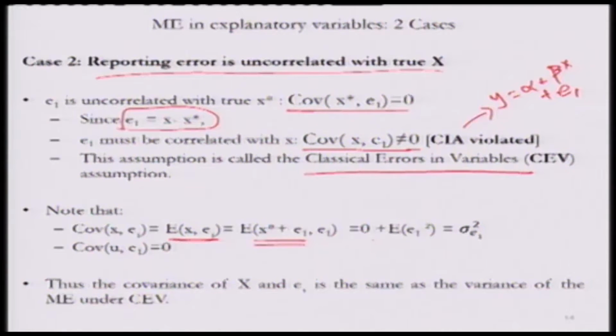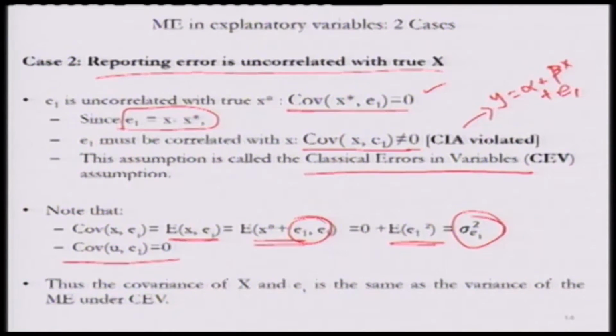Recall that we have already assumed that the covariance between x star and E1 is equal to 0, so that term is 0. We are only left with the expectation of E1 and E1, which is essentially the variance of E1, represented by sigma E1 square.